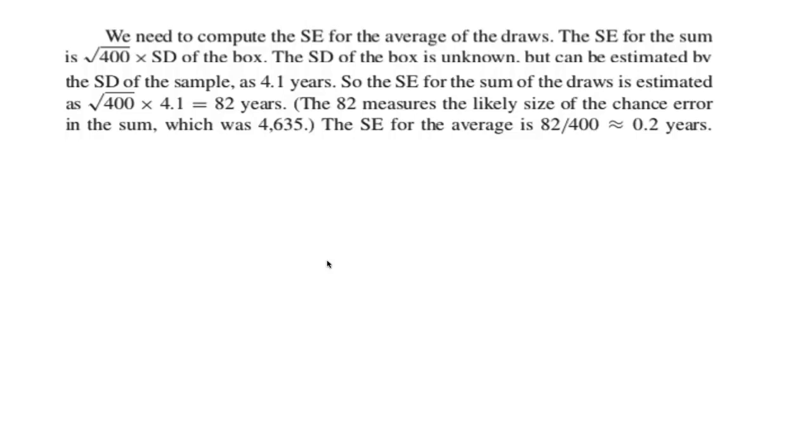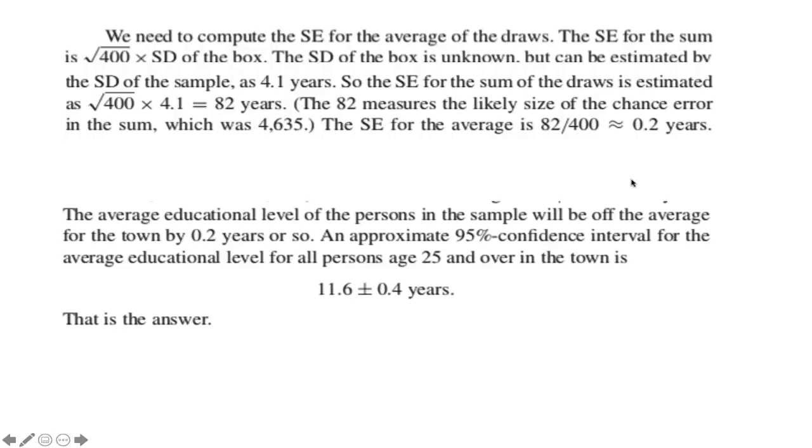So if I pick 400 tickets from this population, 82 is a measure of how big the error is from the sum that we got earlier, which is 4,635. We take this SE and divide by 400 to get the SE for the average, which is 0.2 years. So we expect that the average of the population should be about 11.6, plus or minus 0.2.